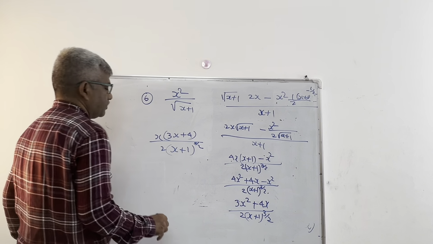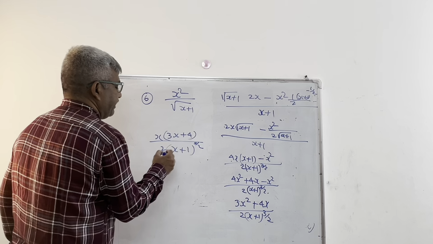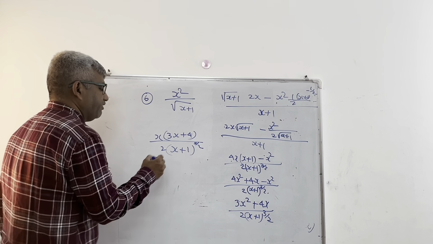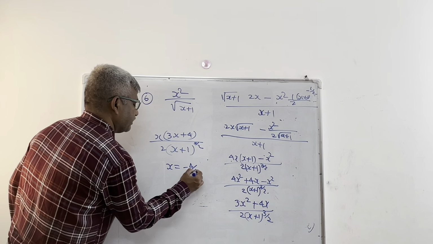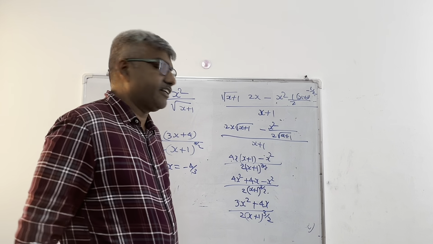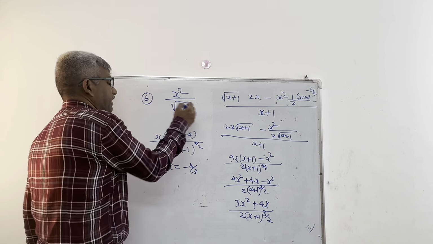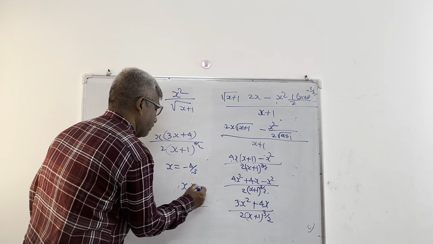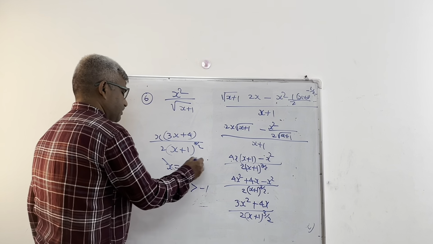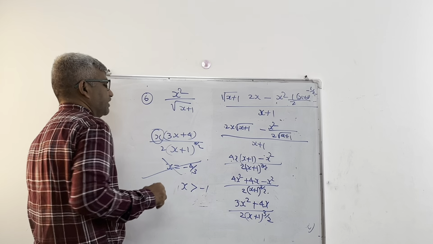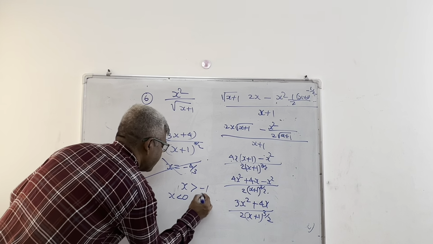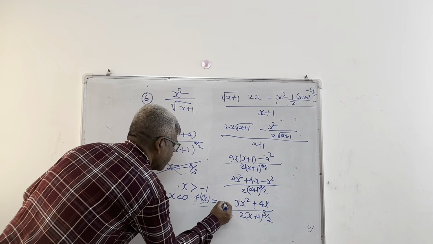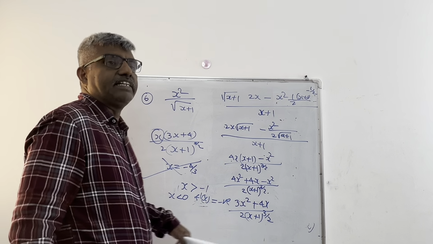Okay, so when will it be negative? When x is minus 4 over 3. But x cannot be minus 4 over 3 because of the domain restriction: x is greater than minus 1. So this is ruled out. Focus here. When x is less than 0, f dash x is negative, so it is decreasing.